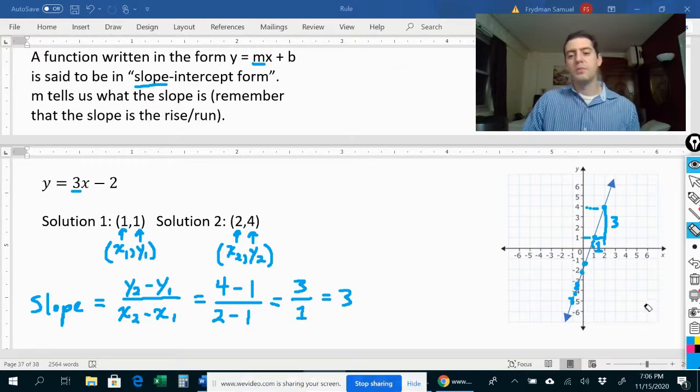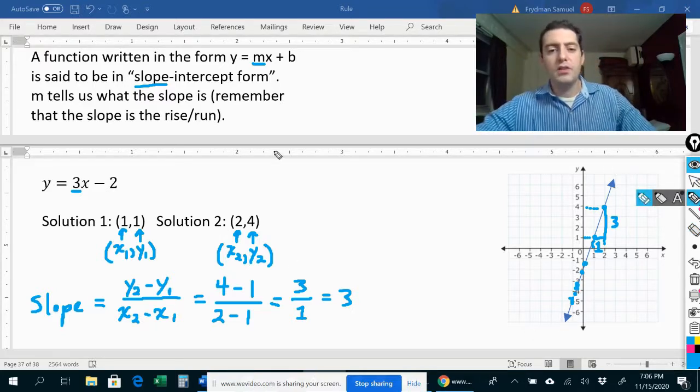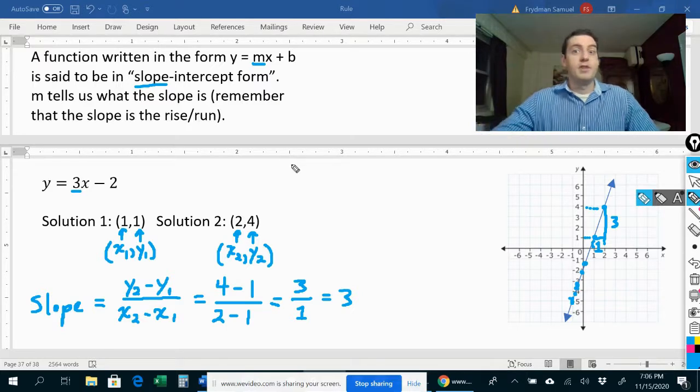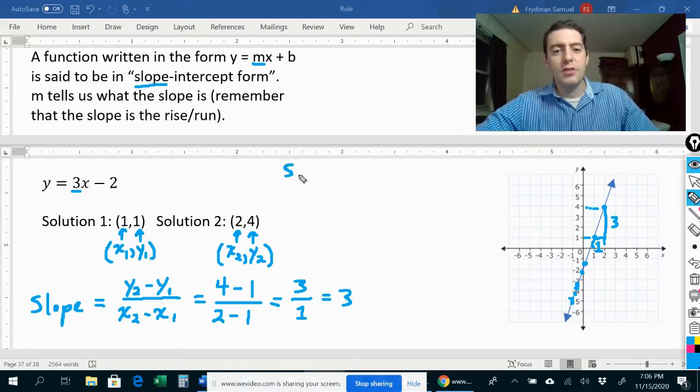Okay, so I'll do it for this example, for this equation, y equals 3x minus 2. So what I'm going to do now is let's take another 2 solutions, but I'm not even going to tell you what they are. So I had solution 1 and solution 2, but there are an infinite number of solutions, right? So what if I had another solution, and let's call it, you guessed it, solution 3.